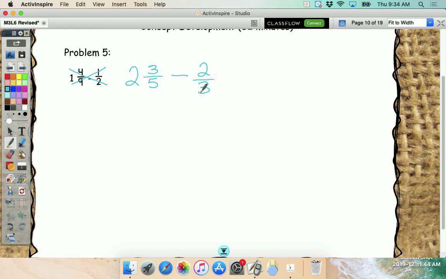So now I have to do 2 times 5. What's that? 10 plus 3. 13 fifths minus 2/3. Solve it the same way.